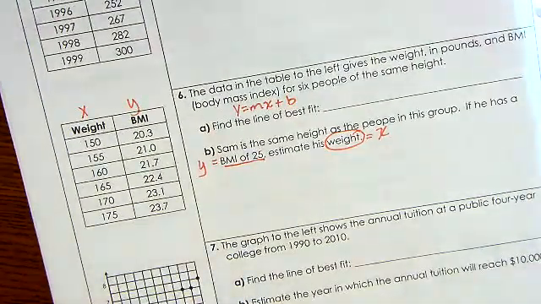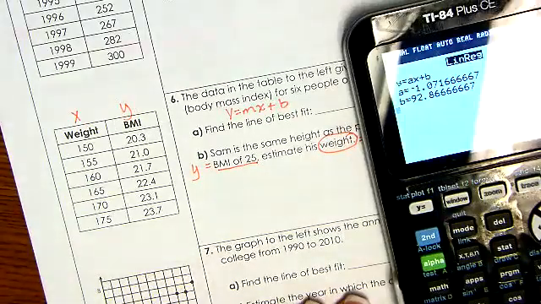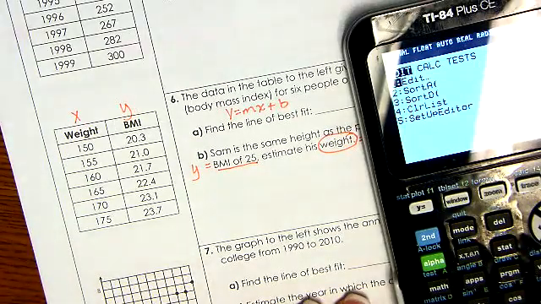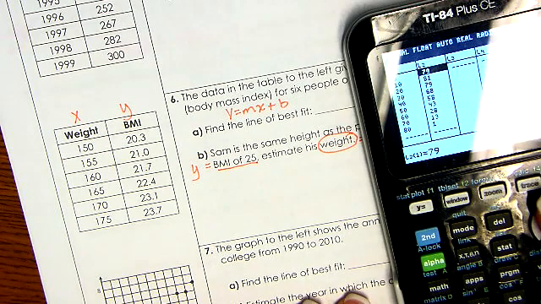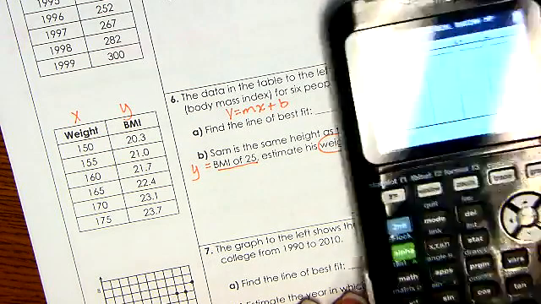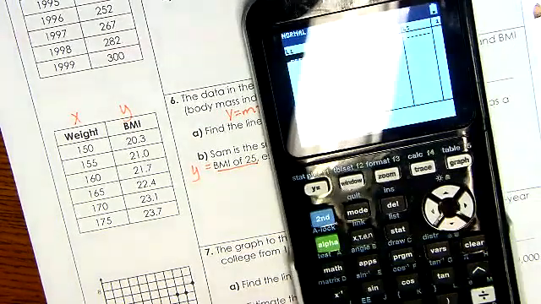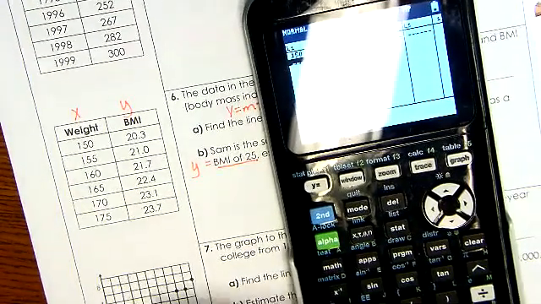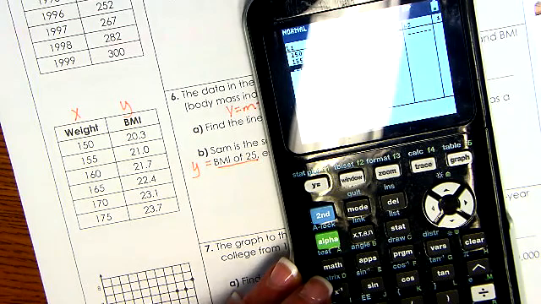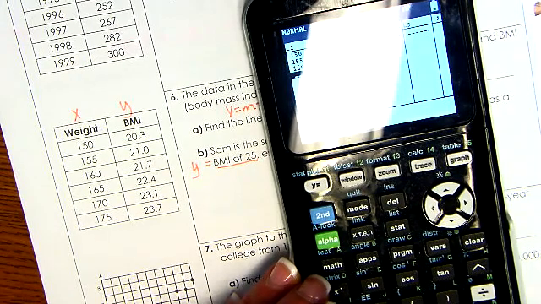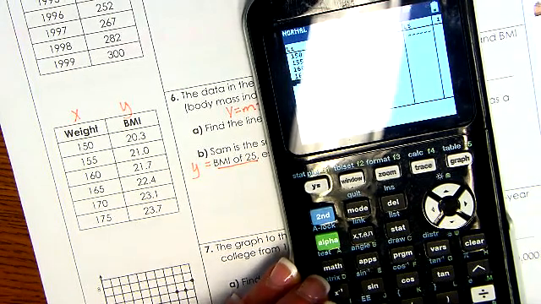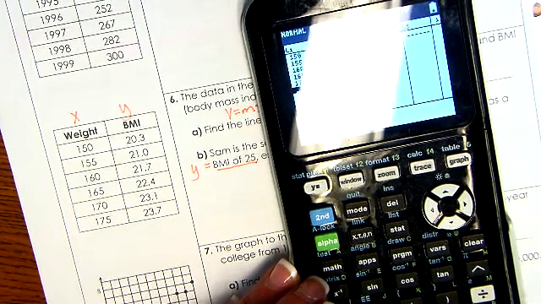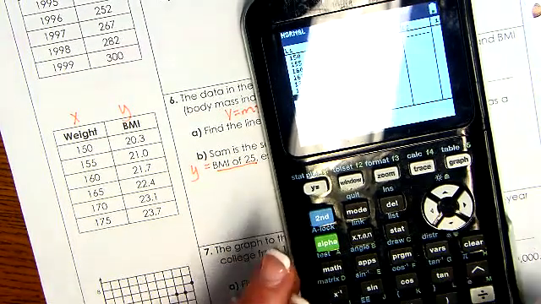Okay, so real quick, we go back to stat, enter, enter, clear, enter, input the data, enter. Make sure we entered it correctly.